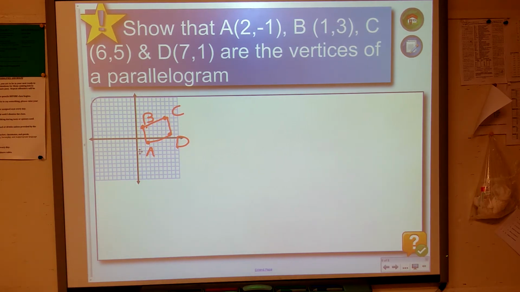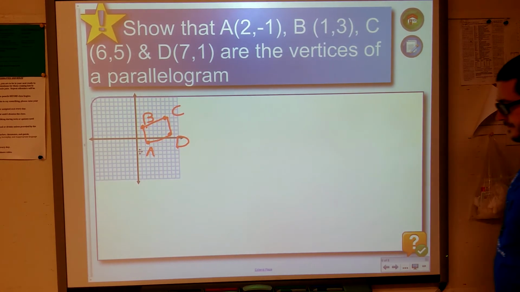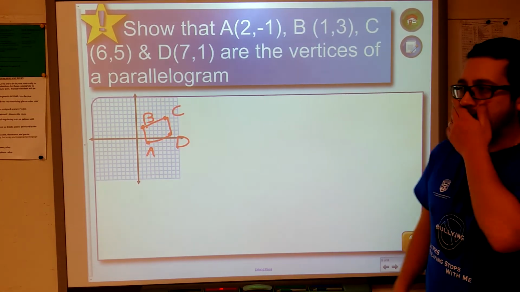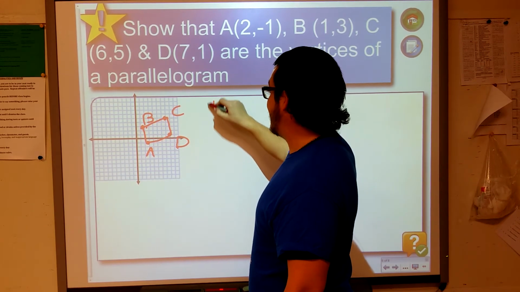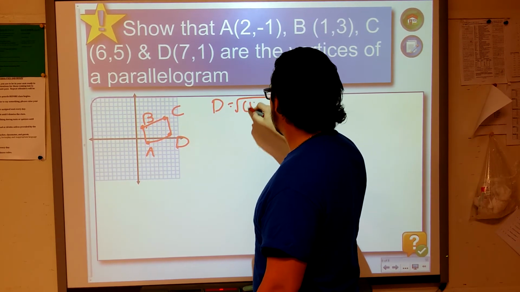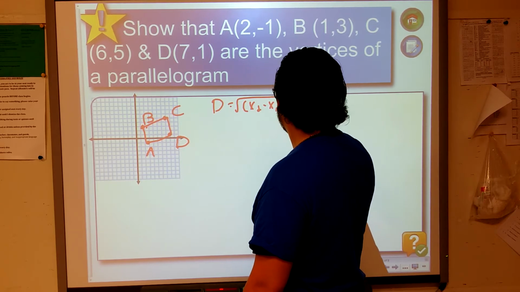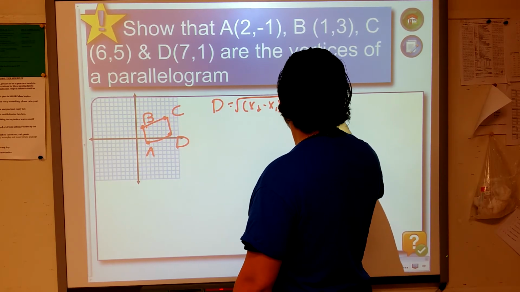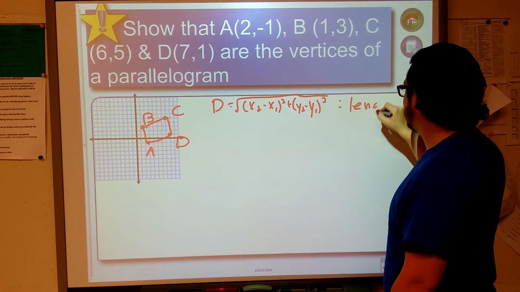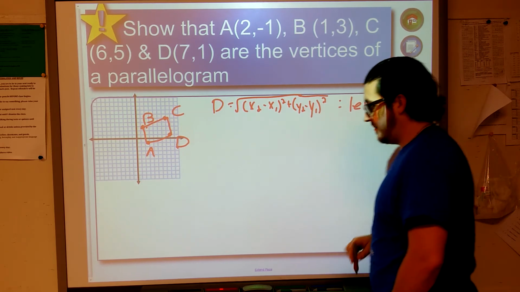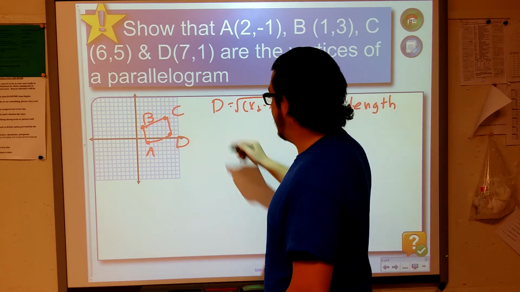What do we do for coordinates? We have a couple different things, right? With coordinates, we do distance formula. That tells us length, right? We use slope formula.